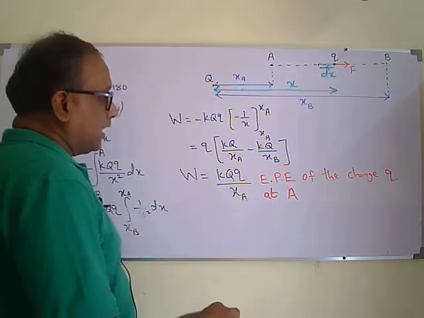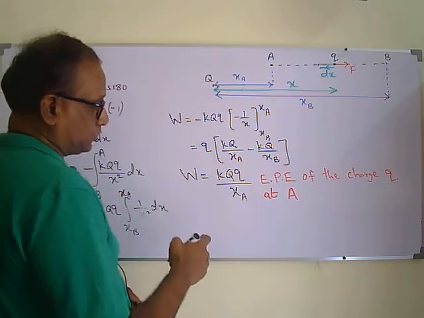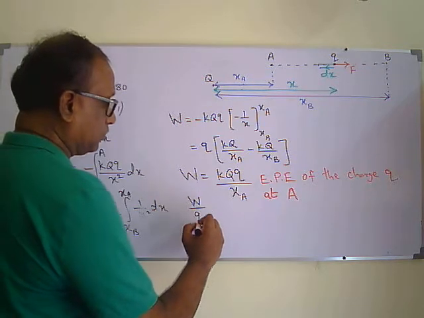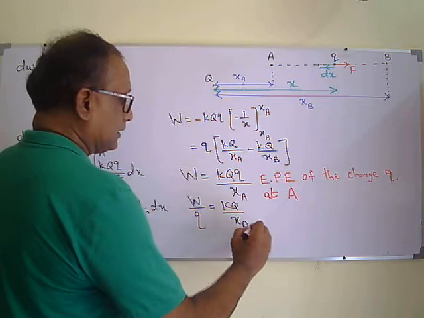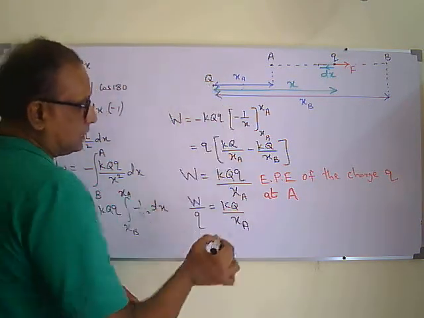Now, if I consider the work done per Coulomb, that means W over Q, that is KQ over XA. That means this right-hand side quantity depends only on this charge.